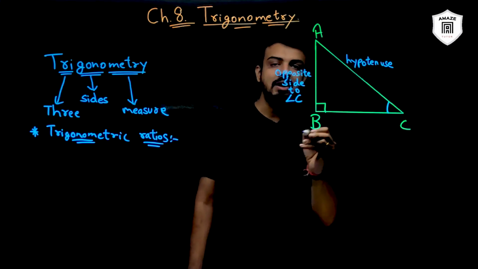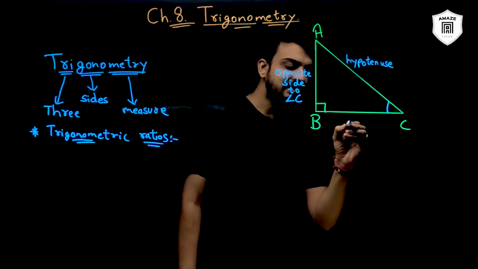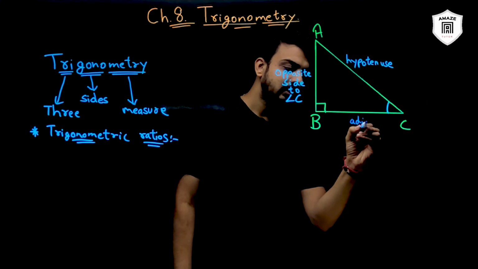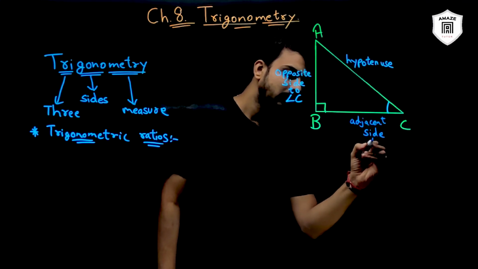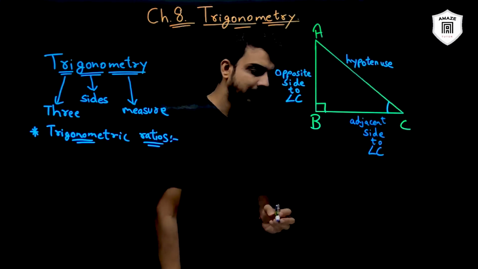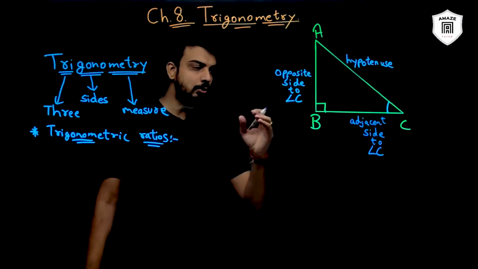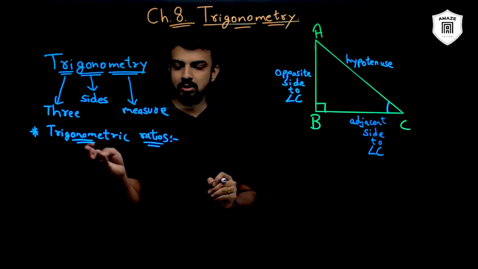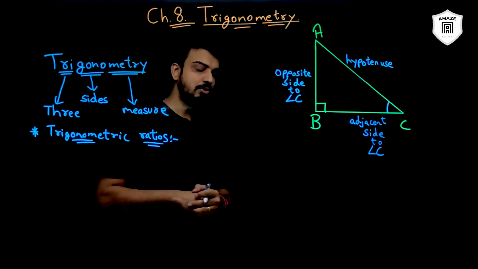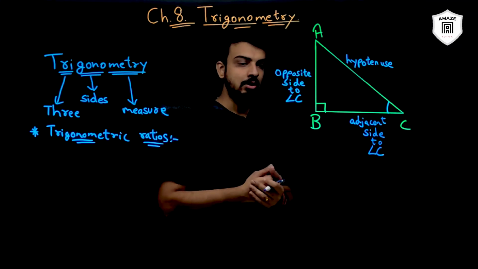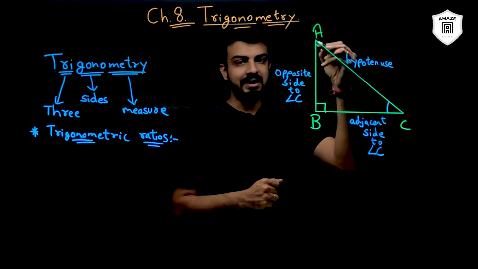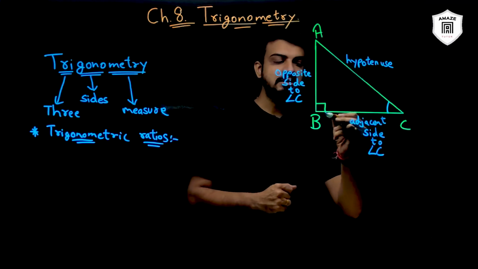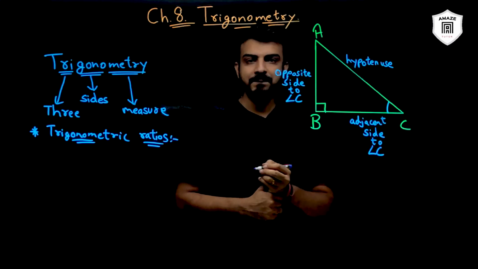So CB we call the adjacent side to angle C. These are a few terminologies we need to learn before understanding trigonometric ratios. Again, for angle C, the opposite side is AB and the adjacent side is BC.